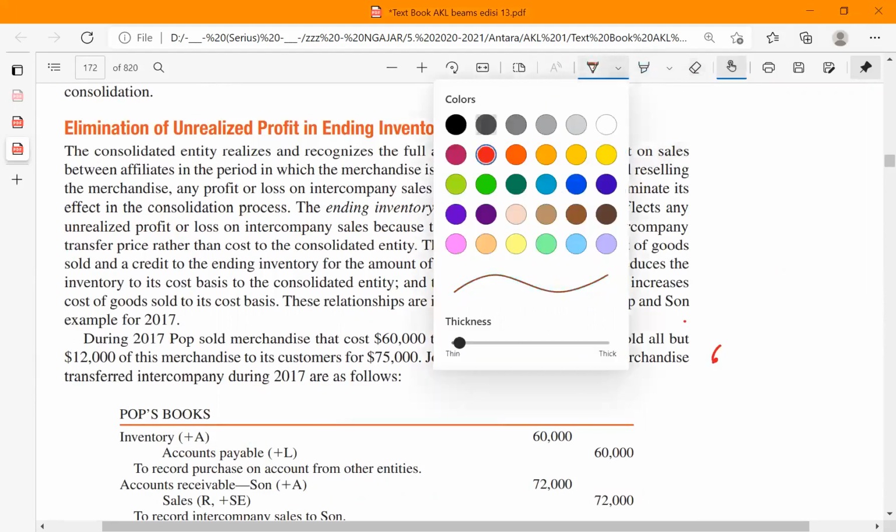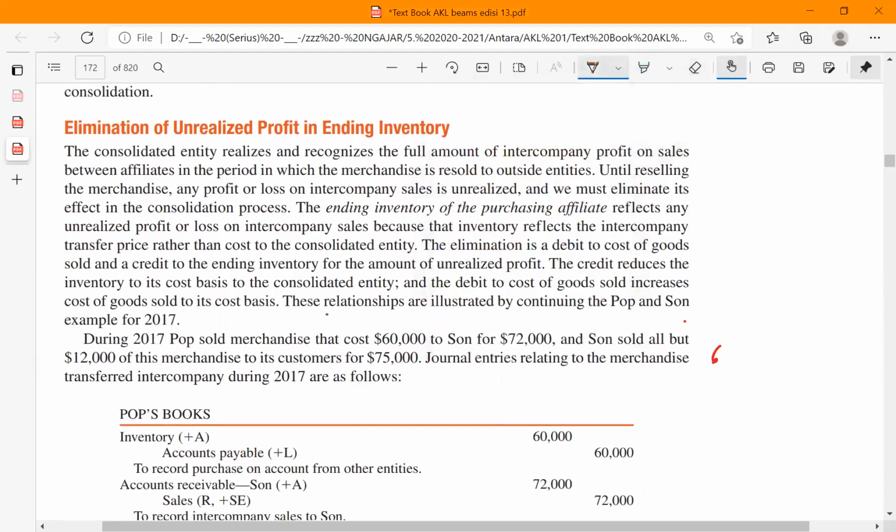As we can read here, P sold to S; the original amount of the inventory is 60 and it was sold at the amount of 72. So we get the clue that this number is of course the transfer pricing.